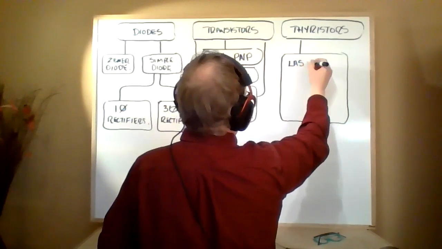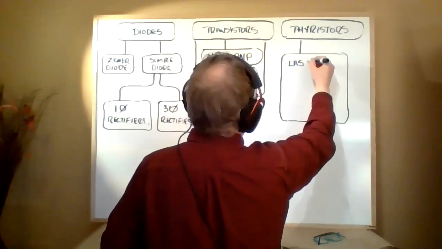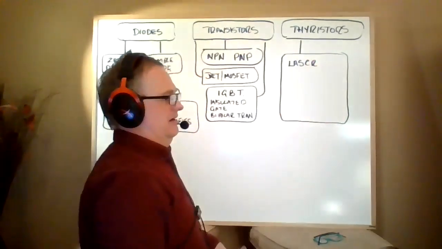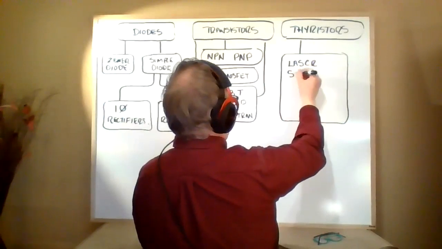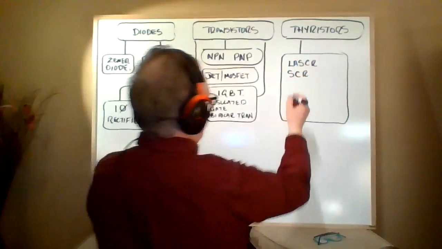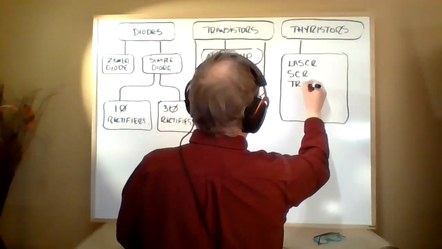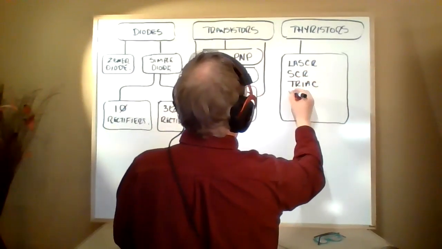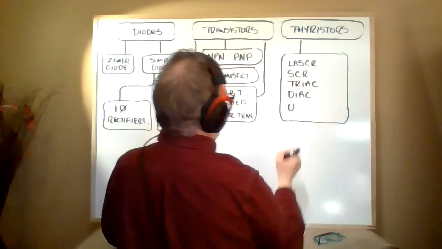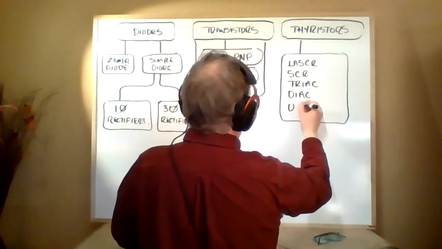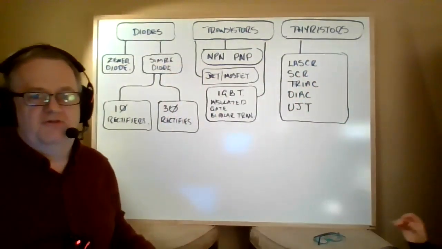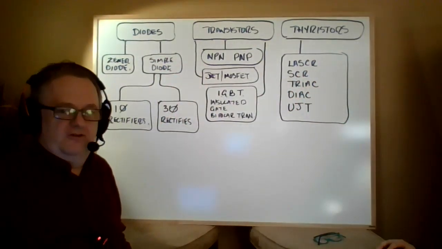But just before that, I'm going to put here, this is also an SCR, but it's an LASCR, which is a light activated SCR. We'll also be looking, of course, at the regular SCR. We will be looking at triacs, diacs, and another component that is fairly similar to a diac, which is a UJT. Okay, those are the thyristor family group of components that we're going to be looking at in a certain amount of detail.